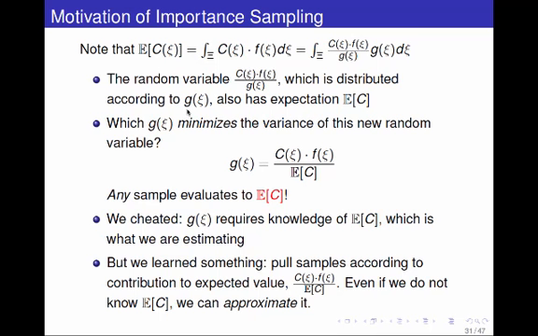Okay. Now, what I recommended for using importance sampling was a specific g. It was this one over here.